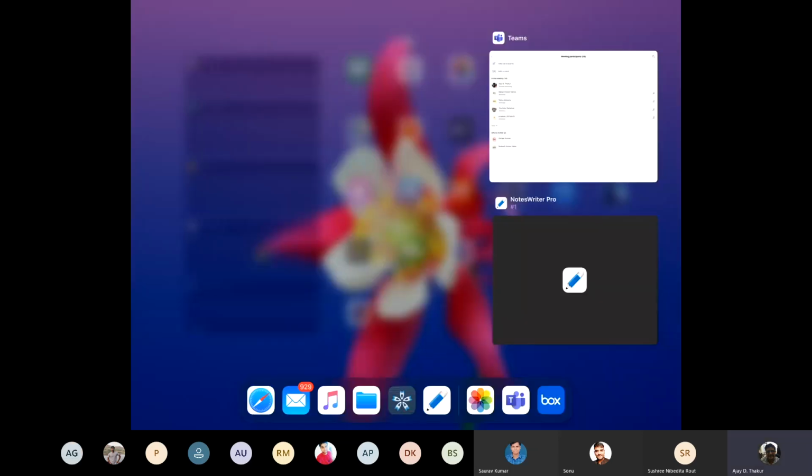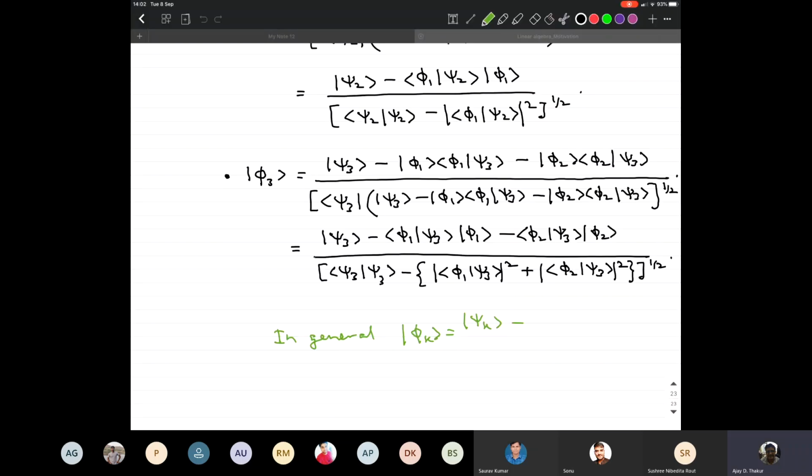Yeah, so we are going to have phi k equals to psi k minus, you will have to project out about each of these vectors. So it's like phi, so you may have to choose a different index.